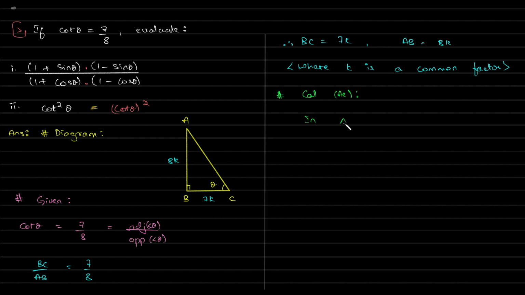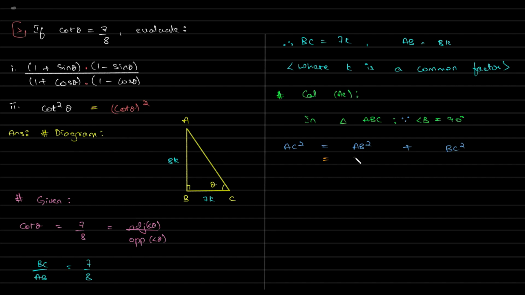In triangle ABC, as angle B is equal to 90 degrees, we have AC square is equal to AB square plus BC square. Again, the amount of working is left to the marks the question holds. If it's just a 2 marker, you can skip a lot of steps actually.